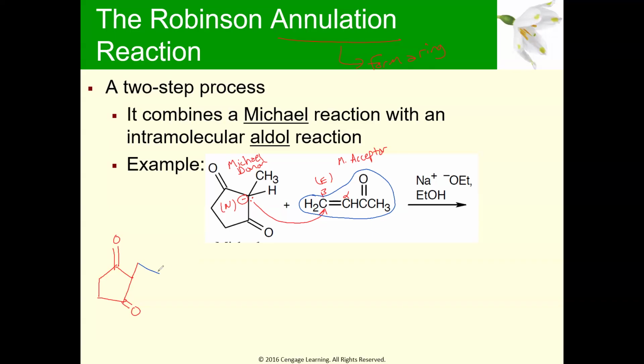And now I'm going to move down because that's attached to a carbonyl, which is attached to this methyl group. So again, this is the alpha, and that's the beta, so alpha, beta.